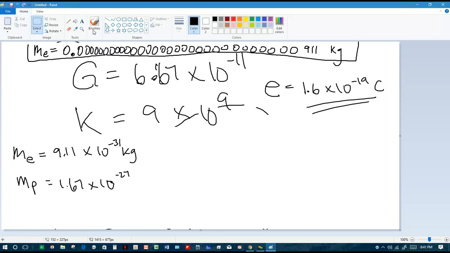Which force? Gravity force or electric force? Electric force. With the electric force, I got 8.2 times 10 to the minus 8, in magnitude. Okay, and negative 8. And also the gravitational force.